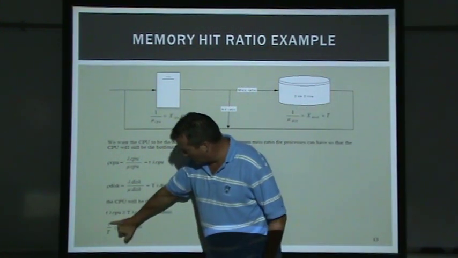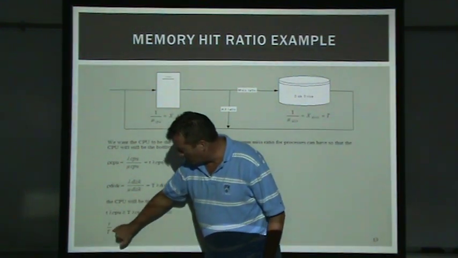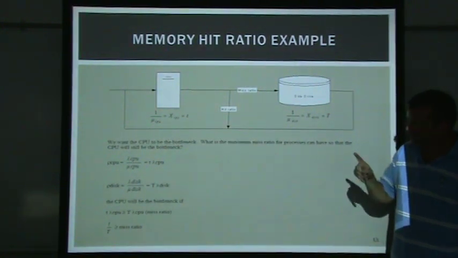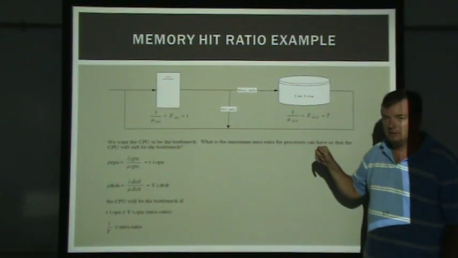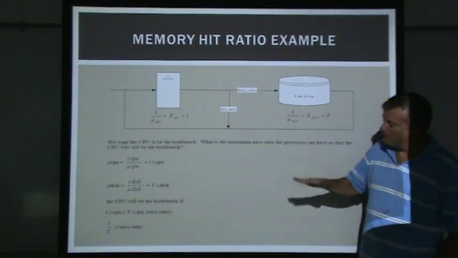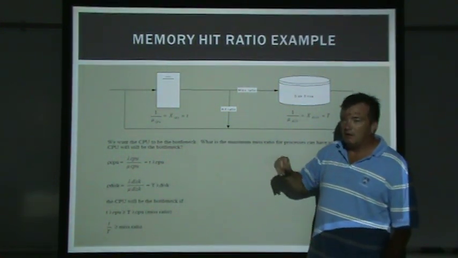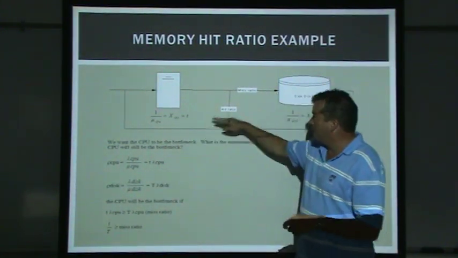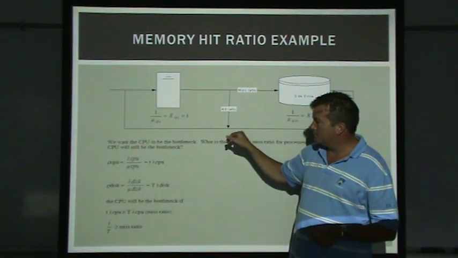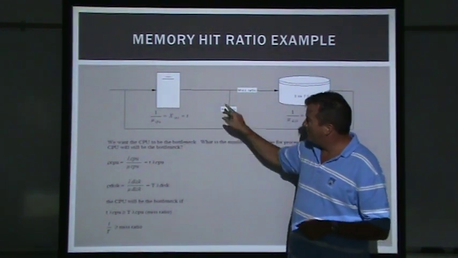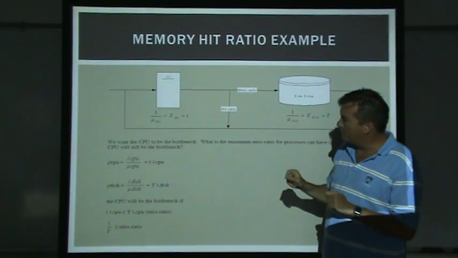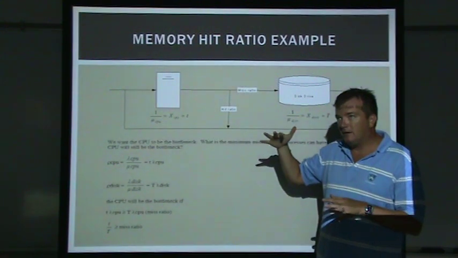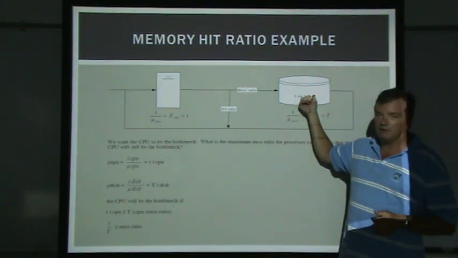So this ratio, 1 divided by 1,000, the miss ratio would have to be less than 1 divided by 1,000. So if those were the times for your system, we have to manage our operating system so that the miss ratio never goes above 1 divided by 1,000. If it goes above that, then the bottleneck would become the disk drive.